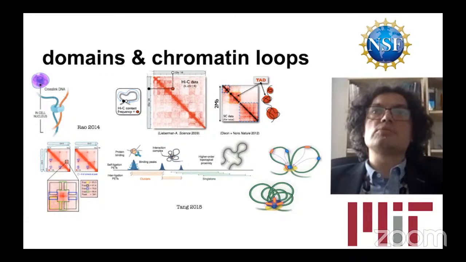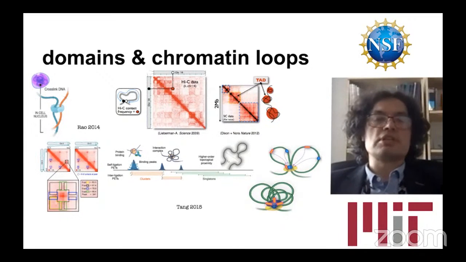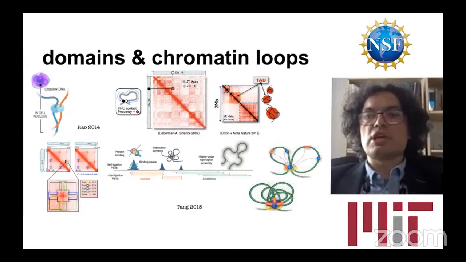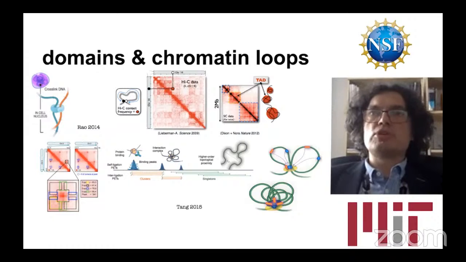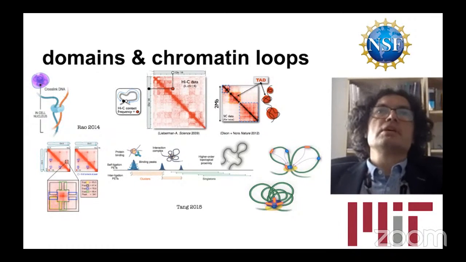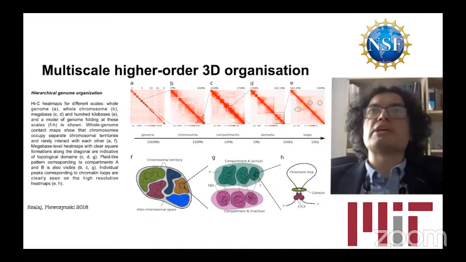But moreover, if you go to higher resolution, you start to see genomic domains, certain globular structures along the chromatin fiber, which form so-called TADs, topologically associated domains, which actually build local neighborhoods which harbor genes or enhancers. So the multi-scale organization of chromatin is reflected here. We start with the whole genome, then the whole chromosome, compartments, domains, and finally chromatin loops.